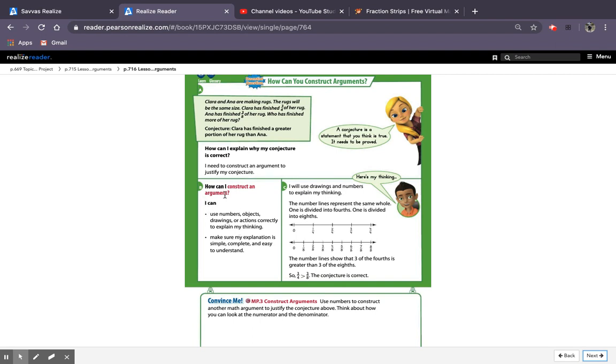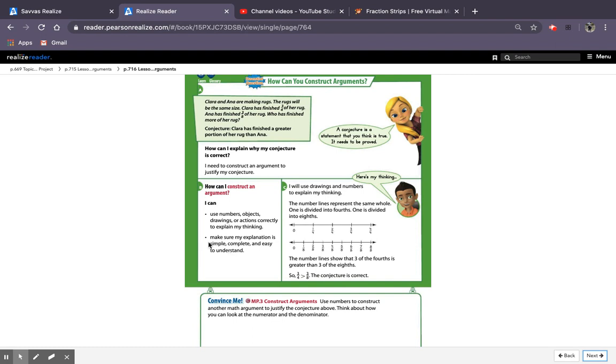Here it says, how can I construct an argument? Again, it's almost exactly the same, but these are statements instead of questions like we had on the previous page. I can use numbers, objects, drawings, or actions correctly to explain my thinking. So instead of asking, am I using these things correctly, these I can statements say I can use them correctly.